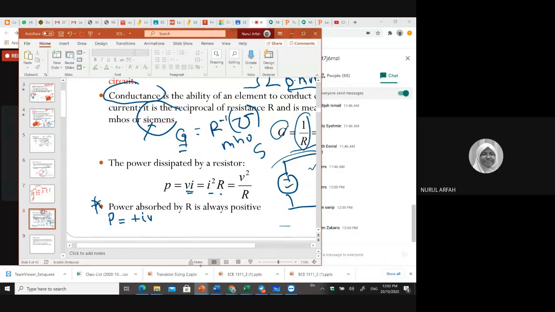Yes, someone said absorbed. Okay, you just look at the sign, right? The positive always absorbs. For negative, P equals minus IV. So this is delivered. Power is delivered.